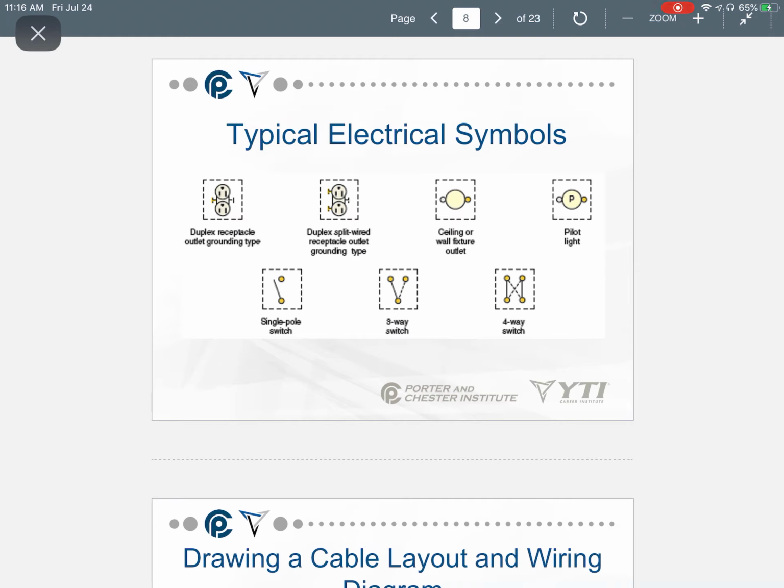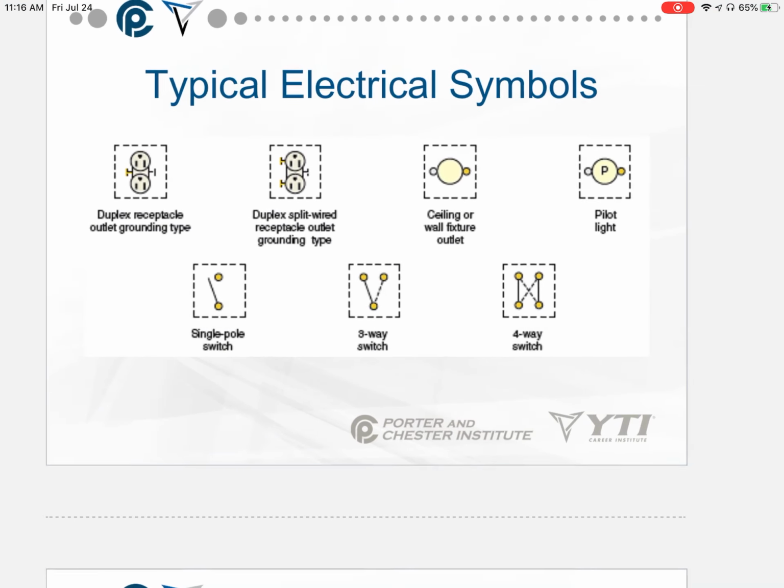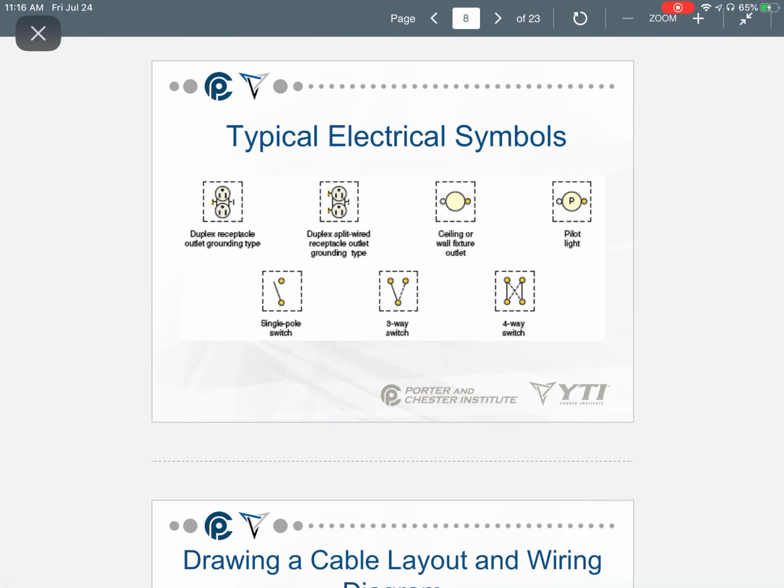Then you see a symbol for the ceiling wall outlet. And you see the little circles on either side. You see the one on the right side is more of a golden color, and the one on the other side is a lighter color.